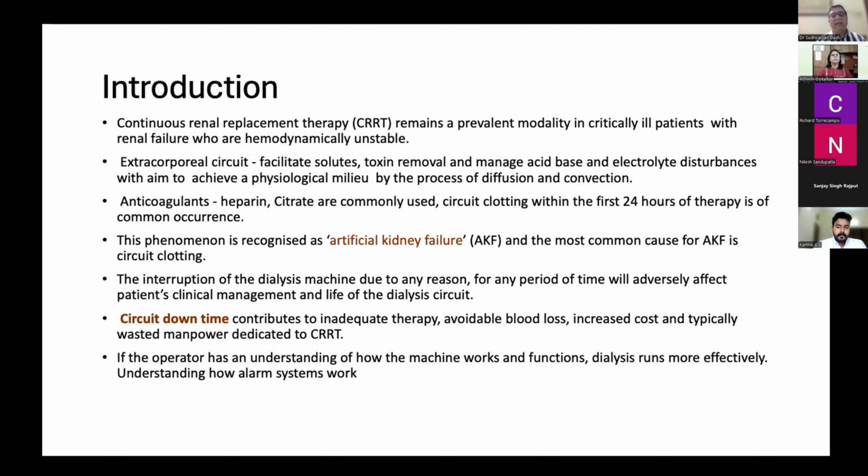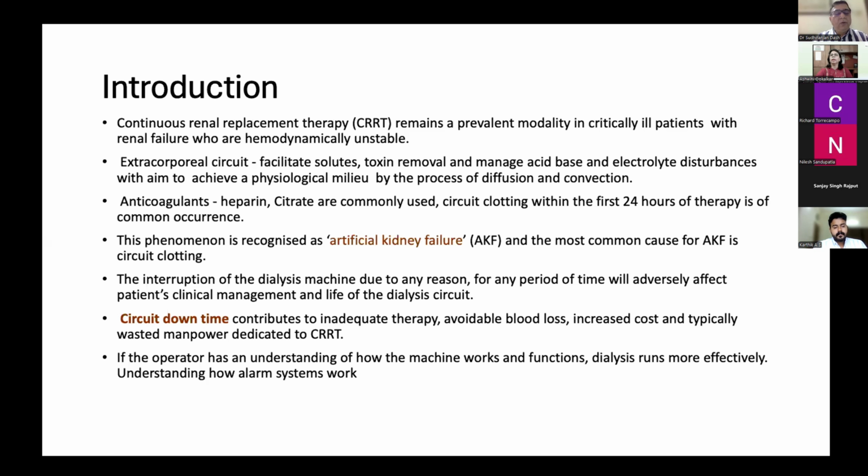Besides that, it has other properties like managing the electrolyte and acid-base balance. And also, if there are any toxins like endotoxins, you can try to remove them by attaching a filter, and cytokines can also be removed through CRRT in a mild to moderate amount.